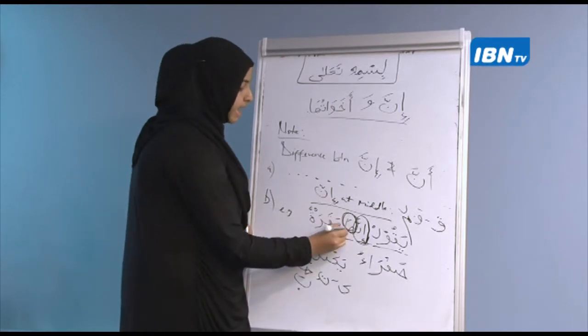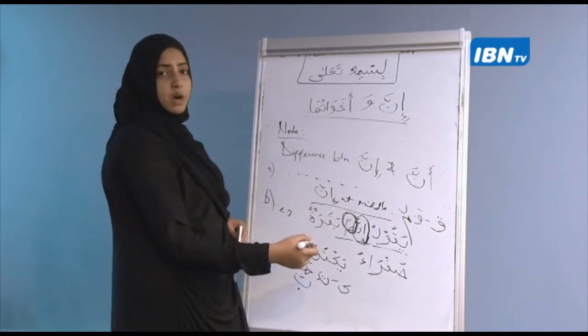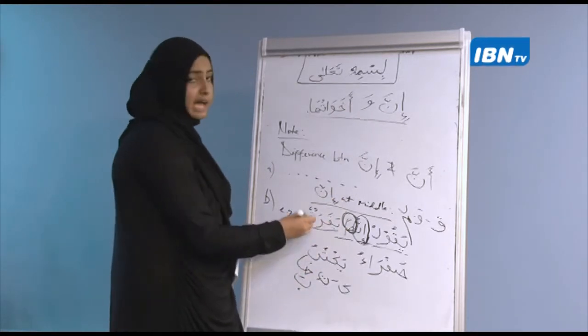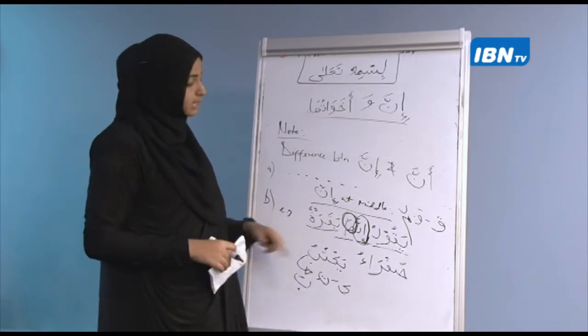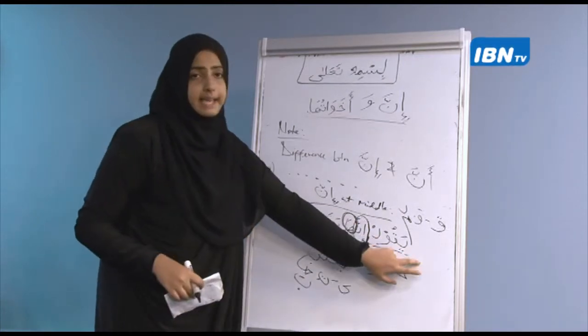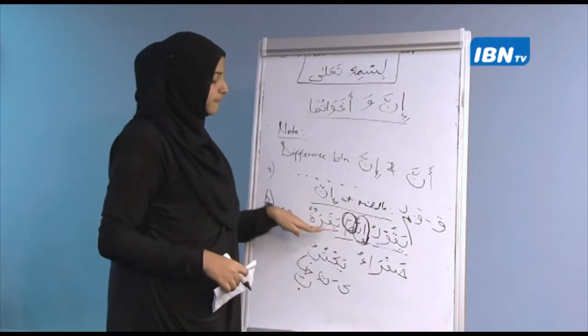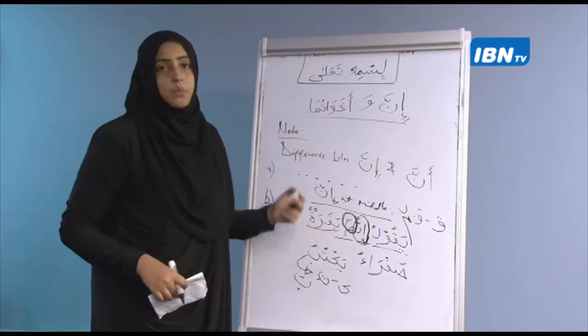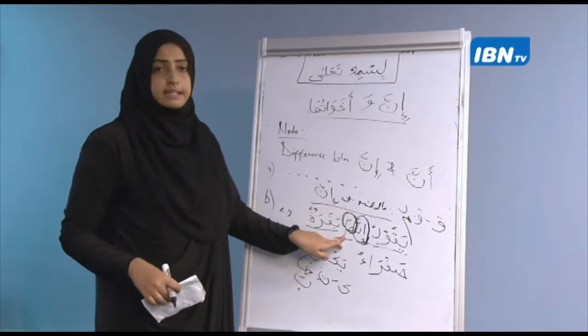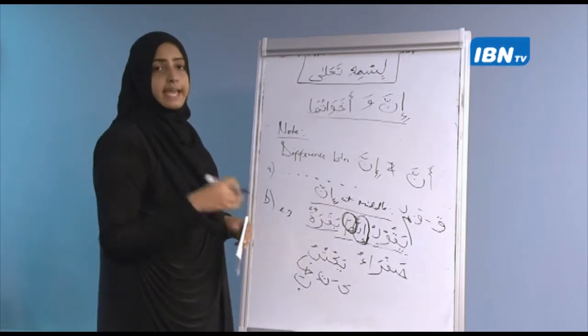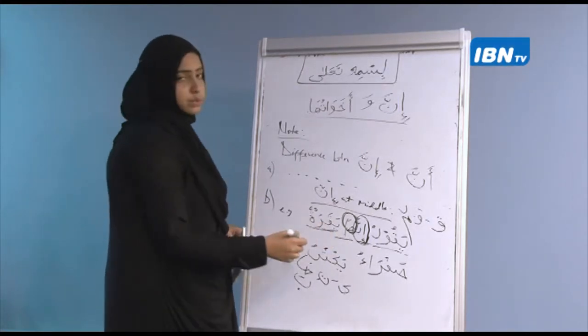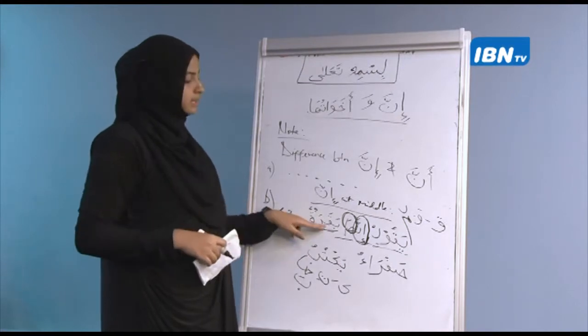Now here this ha refers to what? It's referring to the cow. It is talking about the baqaratun. He says yaqulu innaha baqaratun, it is. What is that it? It is referring to the cow.